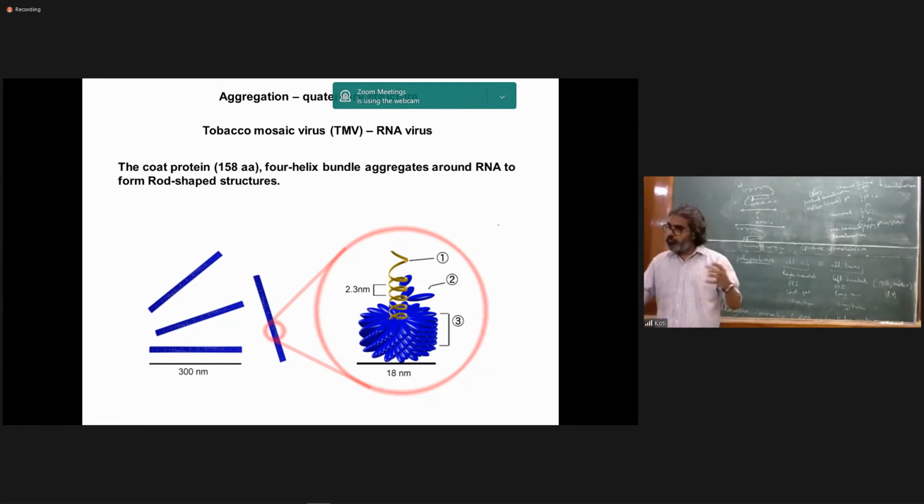As long as you specify the parameters, it's a quaternary assembly. In a virus you know exactly the relative position of molecules, almost every atom you can predict. That's the beauty of the entire virus.